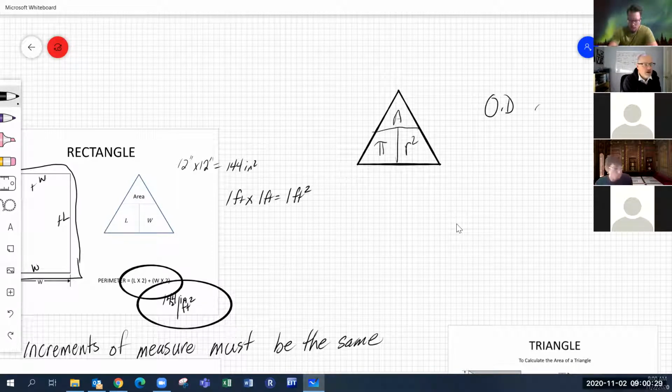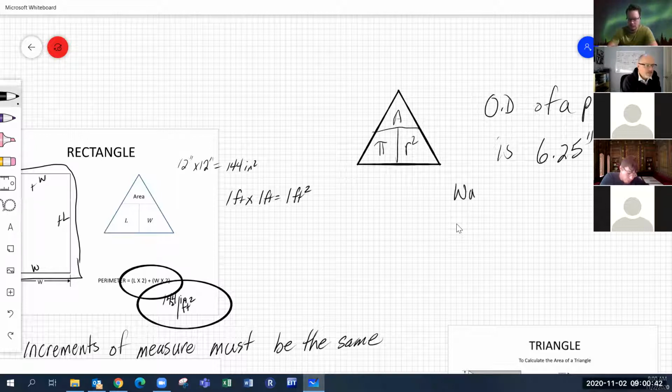So the OD of a pipe is 6.25 inches. The wall thickness is 0.25 of an inch.